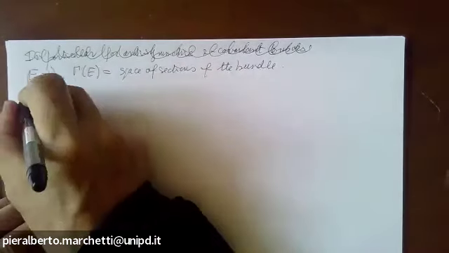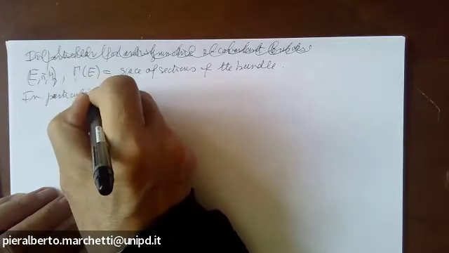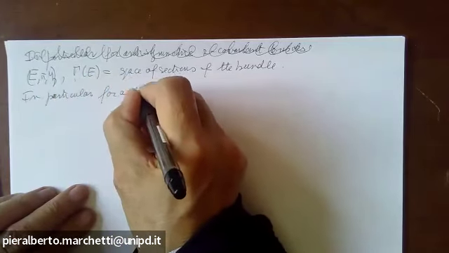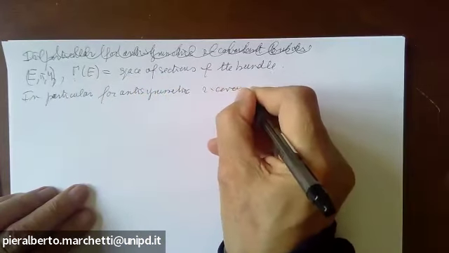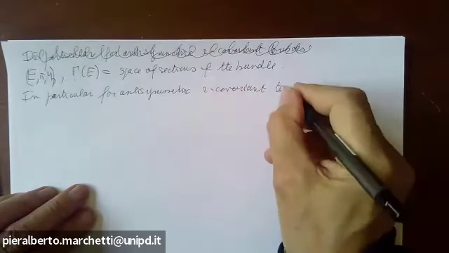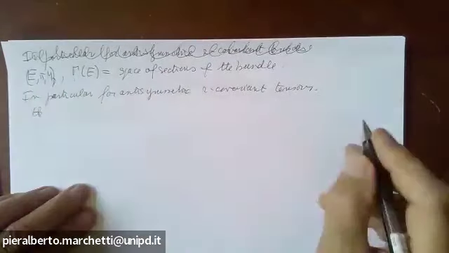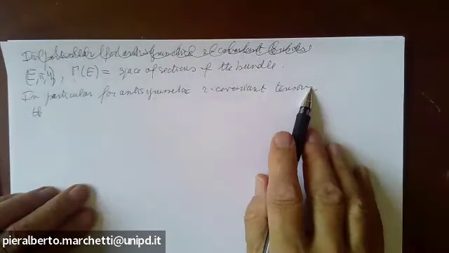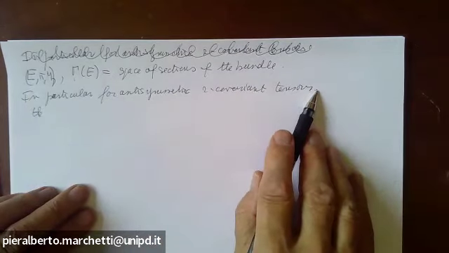So in particular, for antisymmetric R covariant tensors, we know that locally, the antisymmetric R covariant tensor fields which depend on points are nothing but forms.